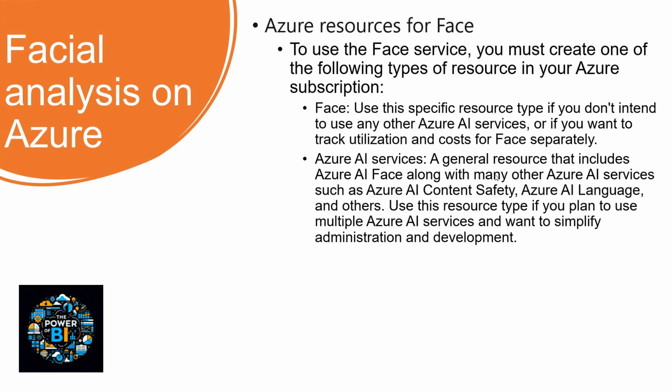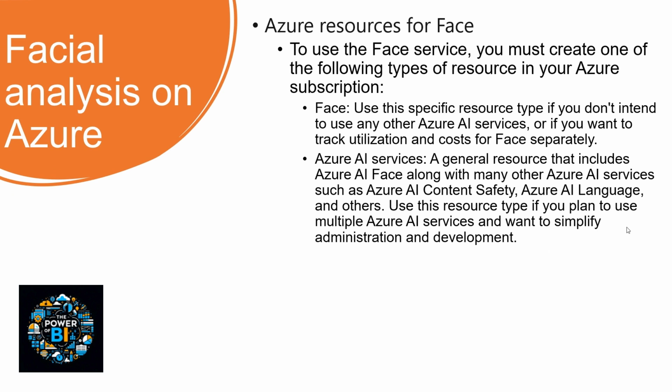In Azure, to use the Face service, you must create one of the following resources. As discussed in the previous videos, we can use Azure AI services, which include AI Face along with the other AI services, or we can specifically use the Azure AI Face service, which is a specific type of resource for the service itself.